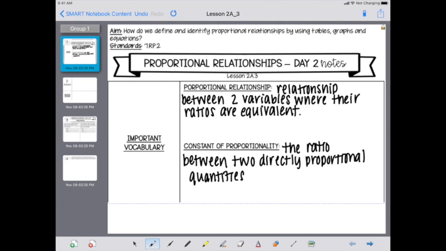It's basically the unit rate. We're going to refer to it as the K value and also slope, as well as your constant of proportionality. So you want to become familiar with all of those terms.